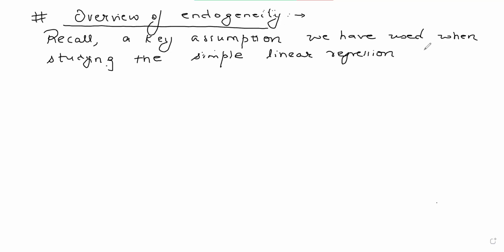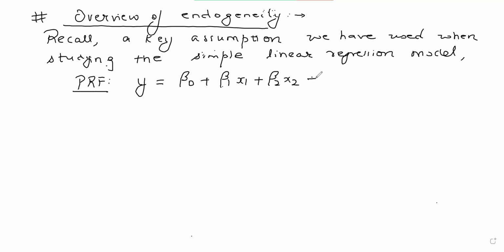Remember our population regression function. Let me use the notations which Wooldridge uses. So y is equal to beta naught plus beta 1 x1 plus beta 2 x2 plus dot dot dot beta k xk plus u. This is my population regression function, a stochastic population regression function.